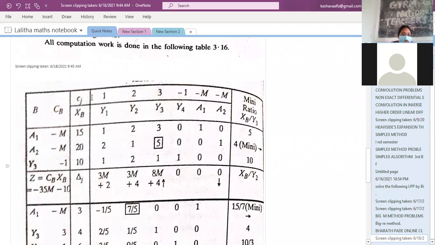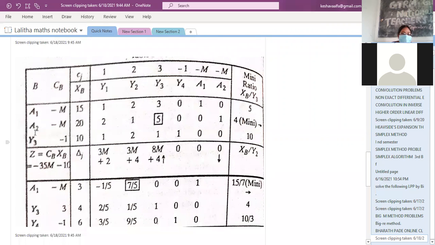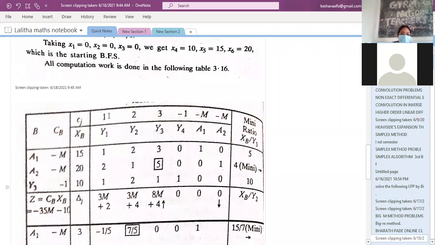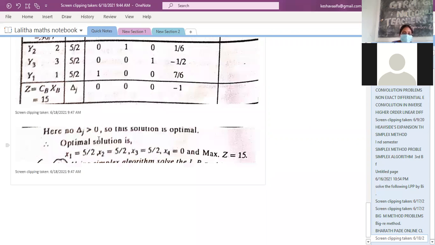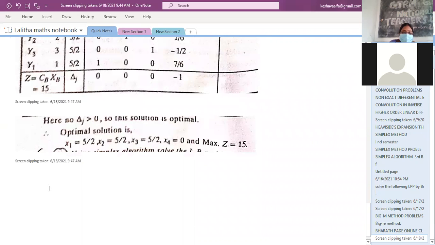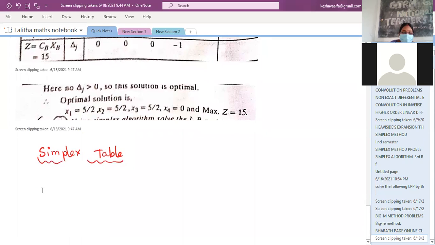The simplex table has basic variables, cost of basic variables, and XB values.